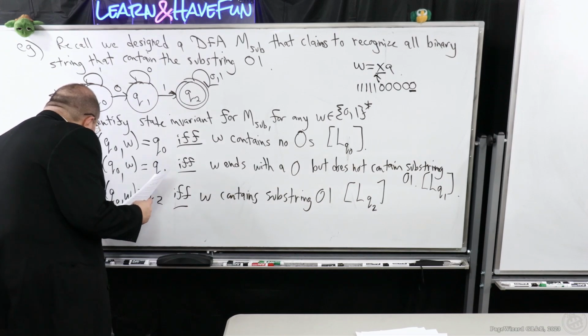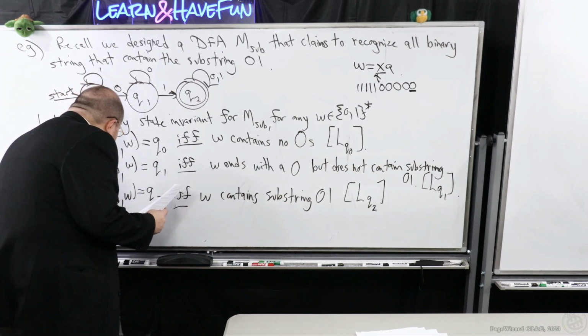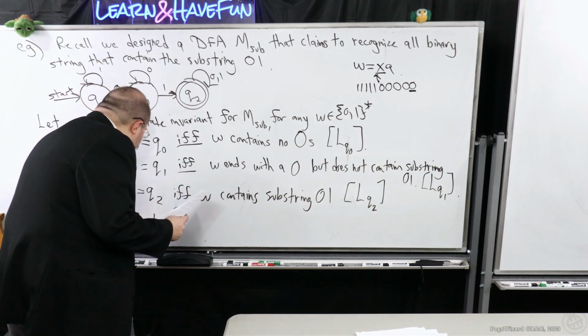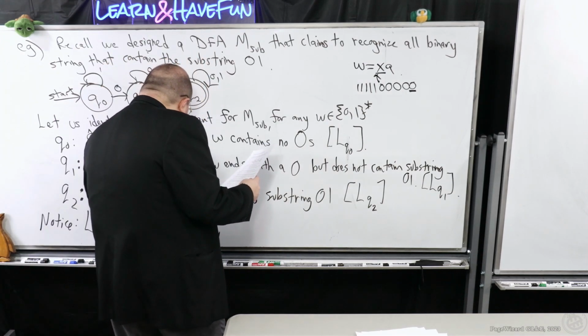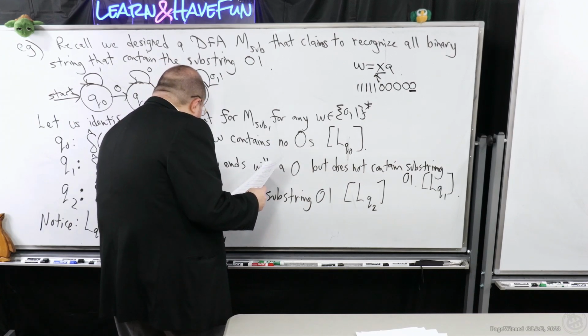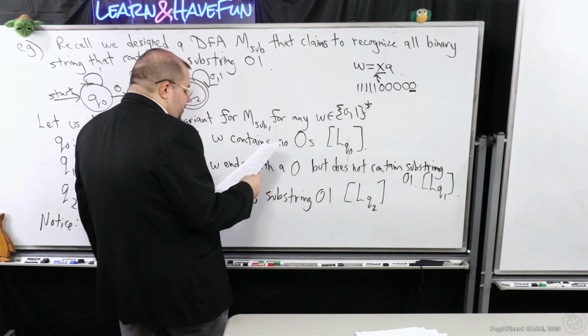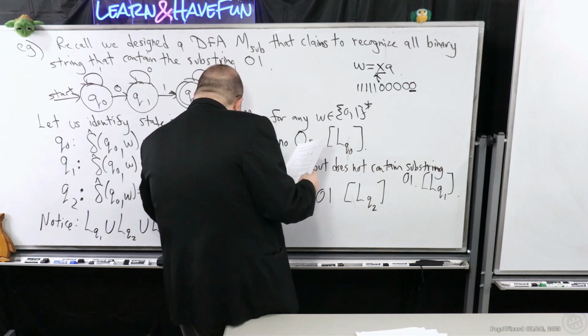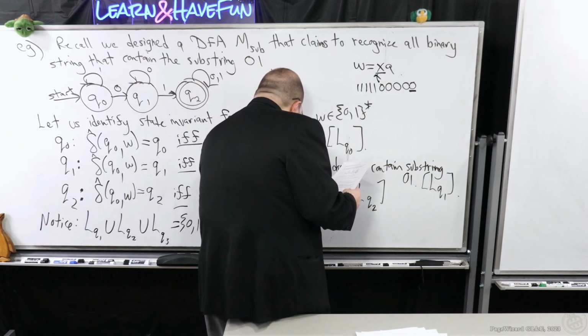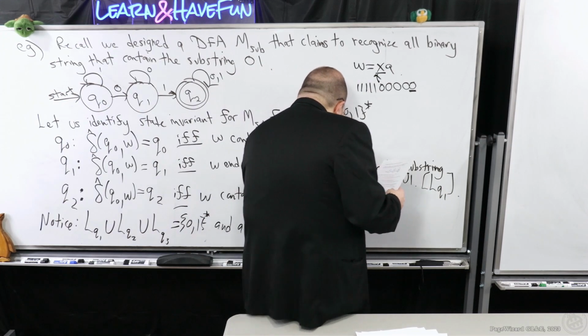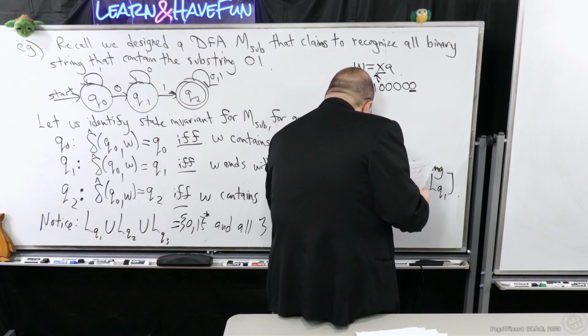So please note that if I take the union of all three of these languages, this is the set of all binary strings. So every one of the strings will fit into one of them. And all three are disjoint. They don't overlap at all.